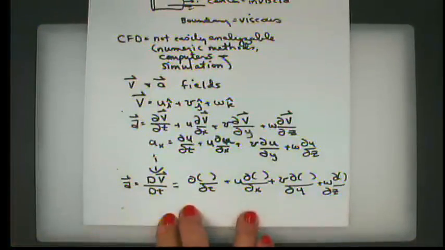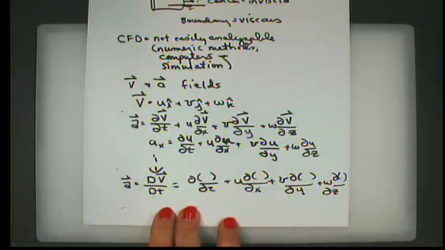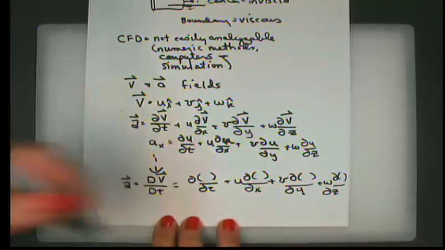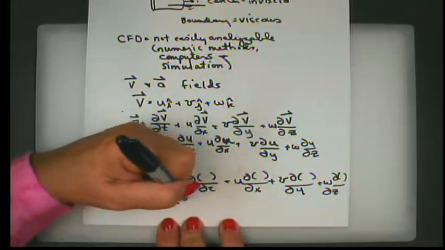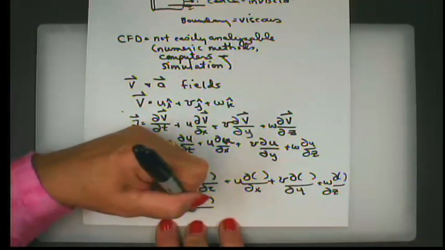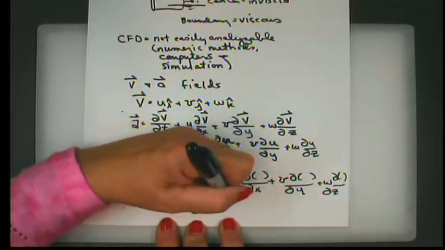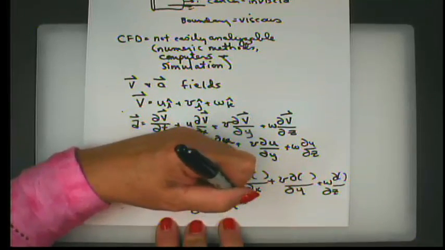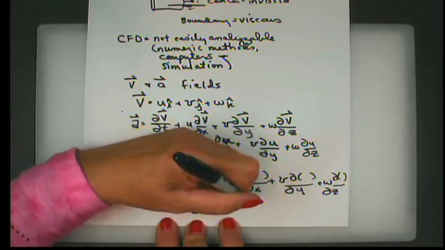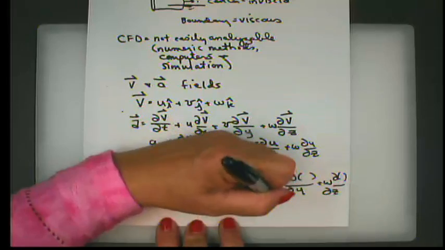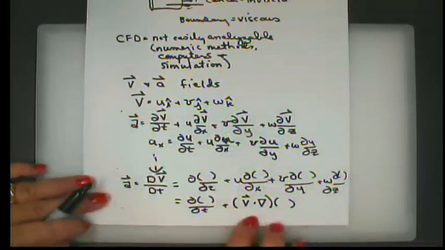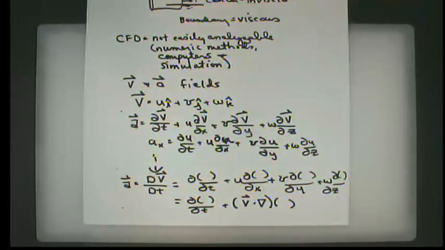And then last but not least, we can recognize that we have a del operator or gradient with that convective direction. And if we take the dot product of those with that function, we can have another expression for velocity. So all of that is pretty mathy.